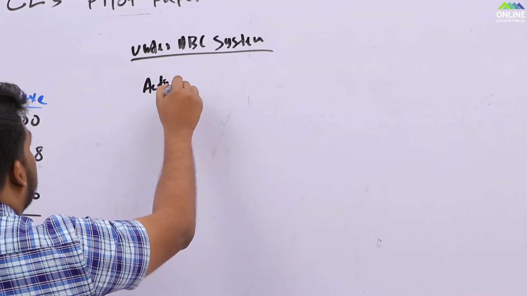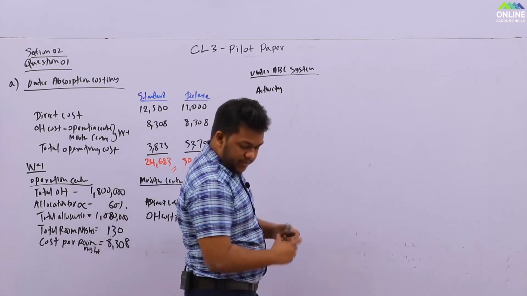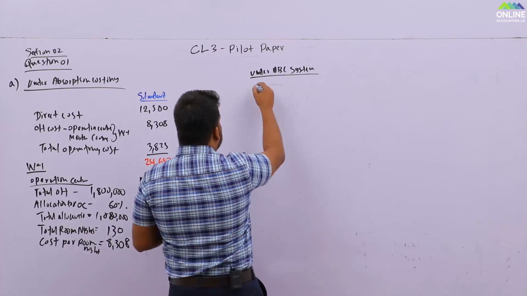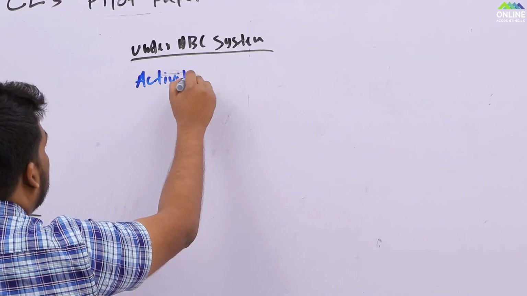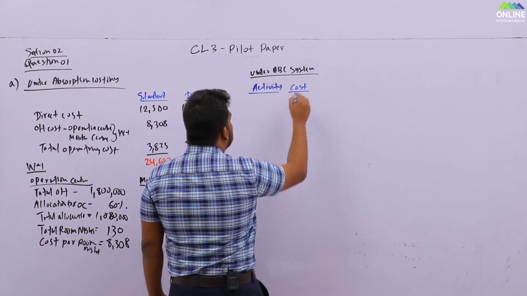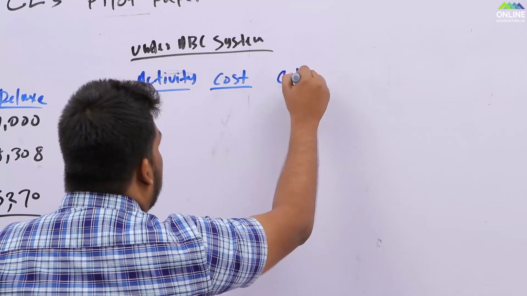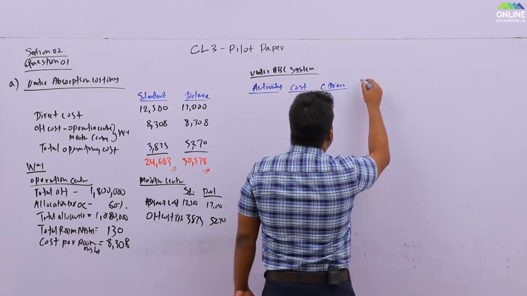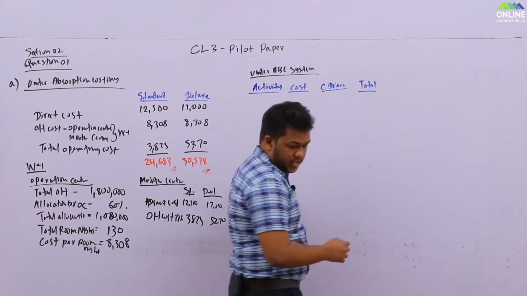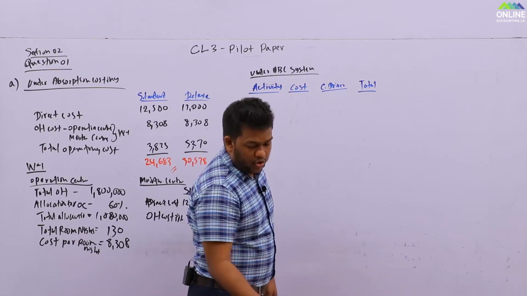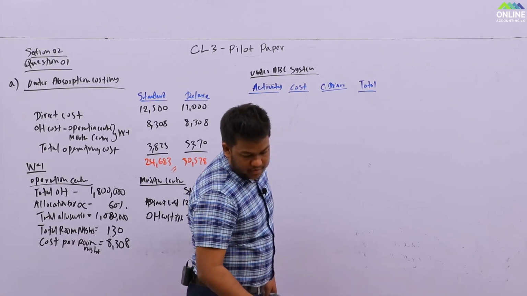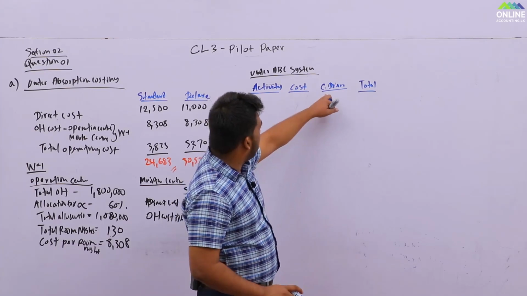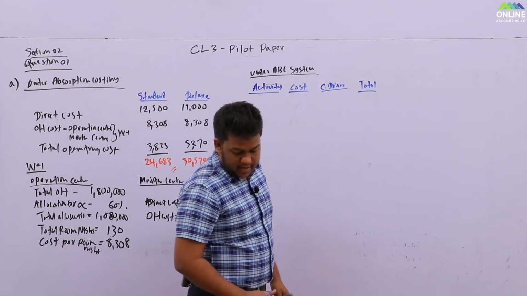For this you have activity, then the total cost, and the cost driver, then the total of the cost driver activities, then the cost per driver.